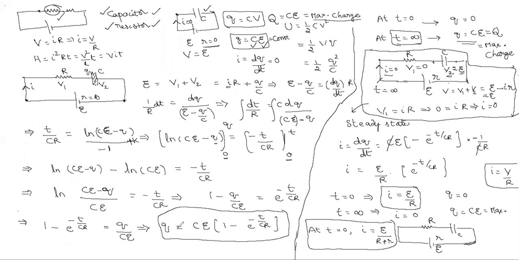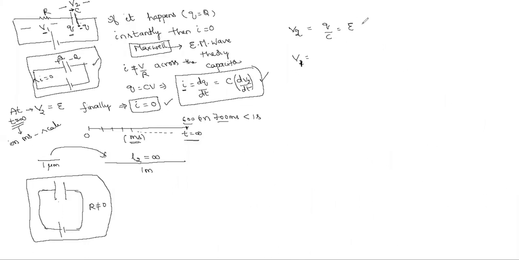If I write the same thing here, Q by C is equal to E into 1 minus e power minus t by CR. This is V2 across whom? Across the capacitor. And V1 is equal to I into R. We got I also.